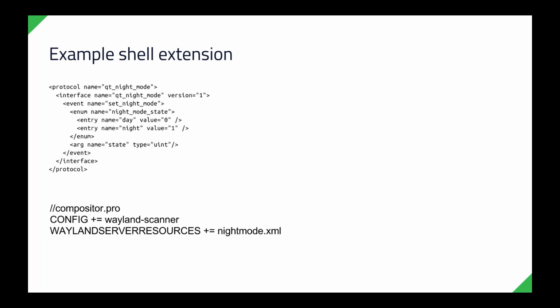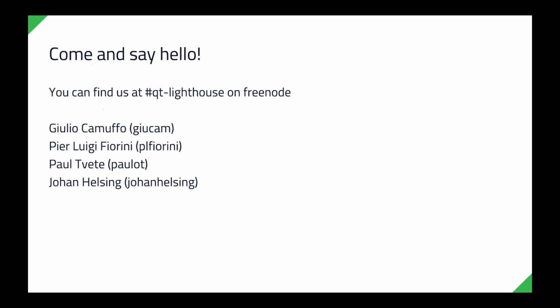There's a really good example for this in the examples of the repository. It shows how the compositor can tell the clients to use larger or smaller font sizes, and the clients can request to be flipped or bounced around, and it shows quite a few things. So please look at that if you need more information about this.